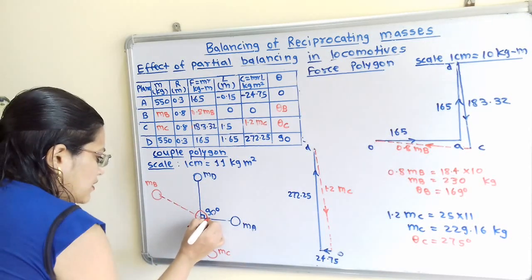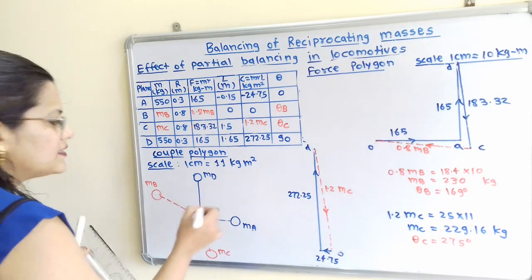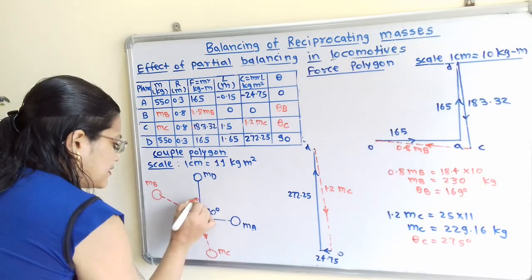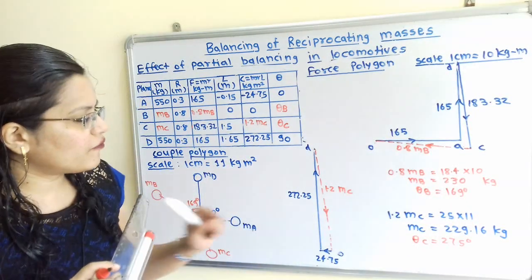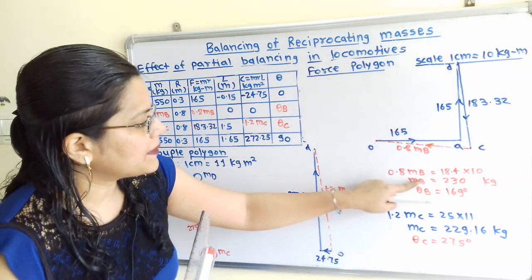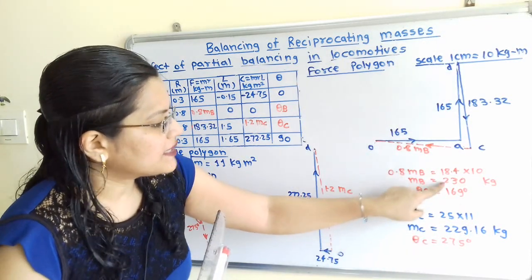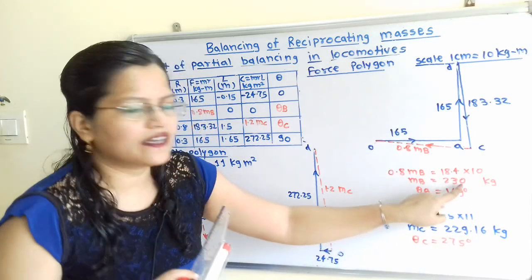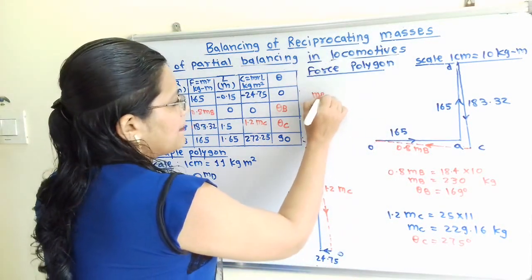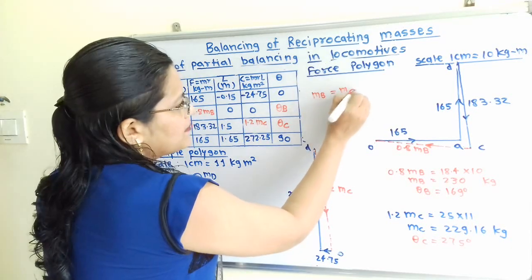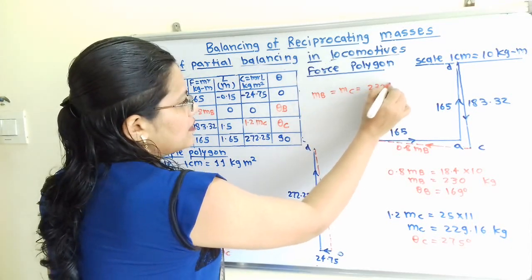If we measure this angle, it is 169 degree. So theta B is equal to 169 degree. Now if we refer to the mass at B as well as the mass at C, they are 229.16 and 230, so we refer to the mass at B, that is MB, which is equal to MC, which is equal to 230 kilogram.